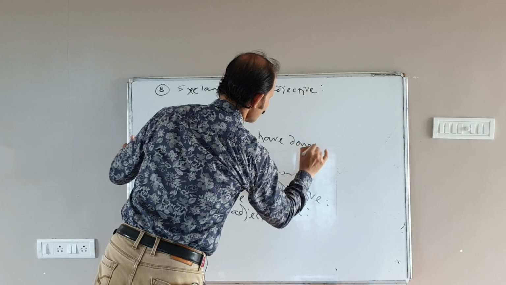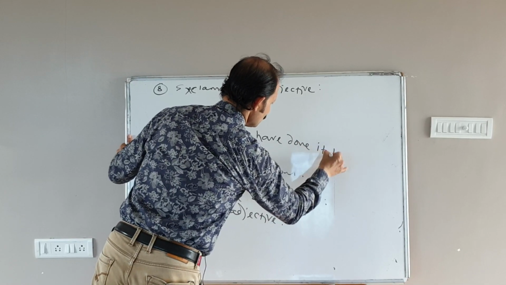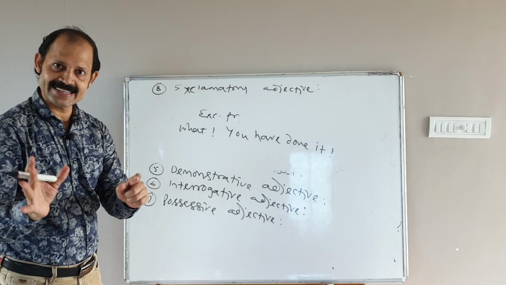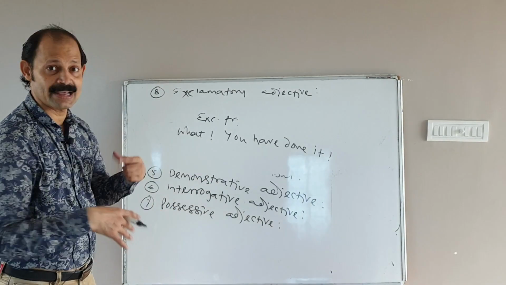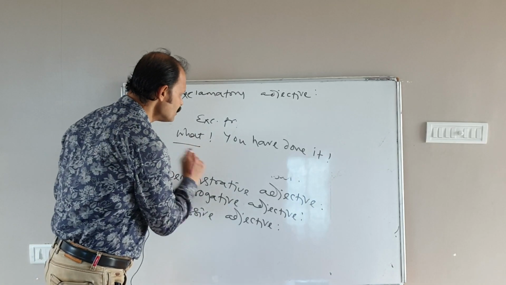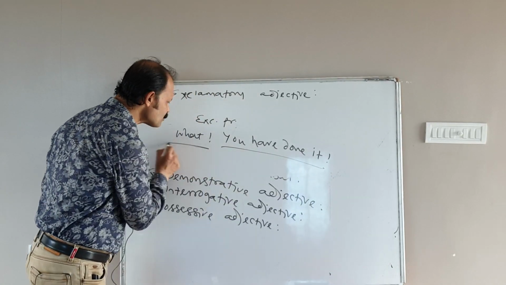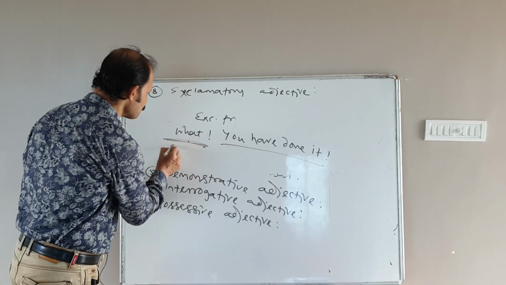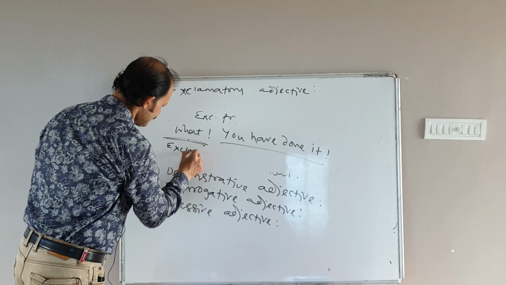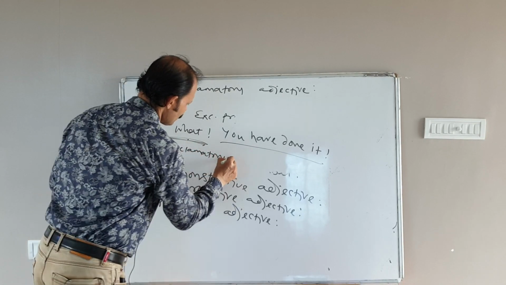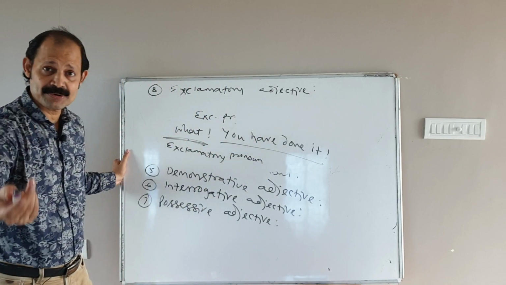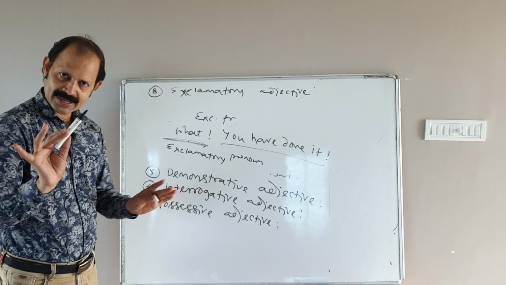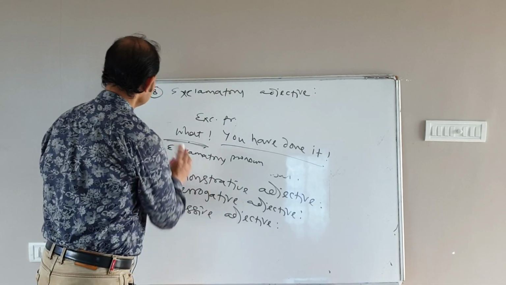That means suppose someone confessed that he did it and it is unbelievable for you, you did not believe it, and now you are exclaiming over the fact. What? You have done it. What is used in isolation here, so it is an exclamatory pronoun, but there it was an exclamatory adjective. Okay?